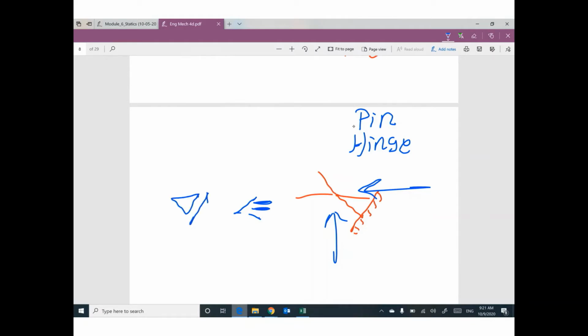If you have an inclined roller, I can pay attention because your reaction is only one and this reaction must be perpendicular to this base. But this is only for roller. If you have a hinge or pin, I don't care about the inclination of the support. We still have one vertical and one horizontal component.